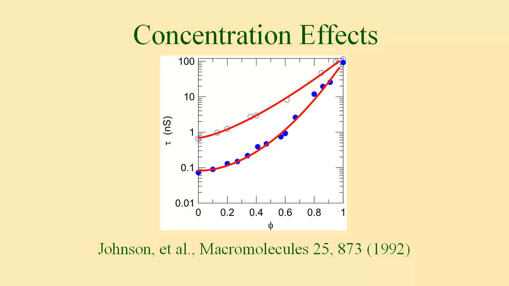There's no indication in this graph of a dramatic discontinuity in the slope or in the reorientation time itself, but both times clearly increase with increasing polymer concentration. It's also possible to change the concentration of chain segments near the center of the molecule, that's where the chromophore has been inserted, by changing the solvent quality.